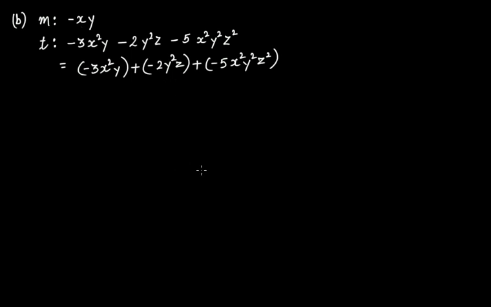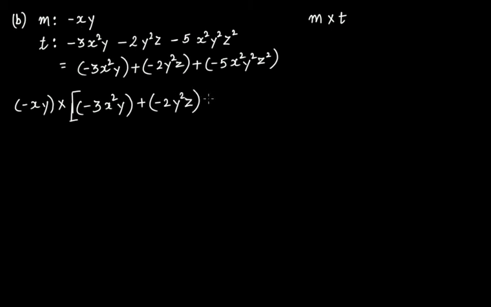Now if you have to do m multiplied by t, then this is minus xy multiplied by, use a square bracket, minus 3x squared y plus minus 2y squared z plus minus 5x squared y squared z squared.